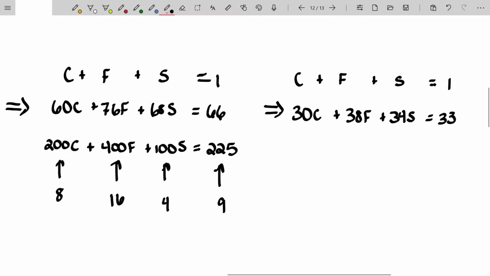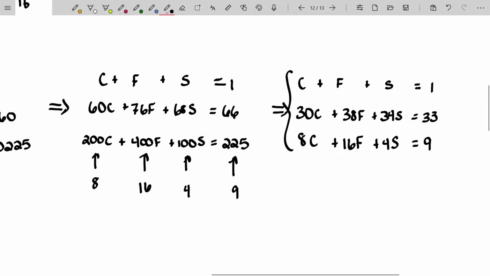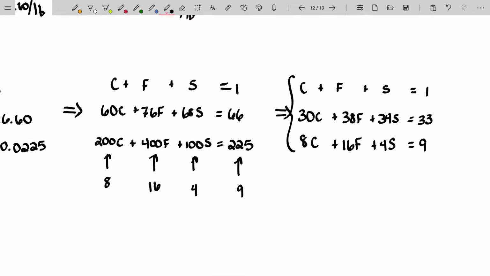So that is going to be our equation: 8C plus 16F plus 4S is equal to 9. Not much else you could do there, but it is important. It's good that you see that you do your arithmetic well before you start into systems.